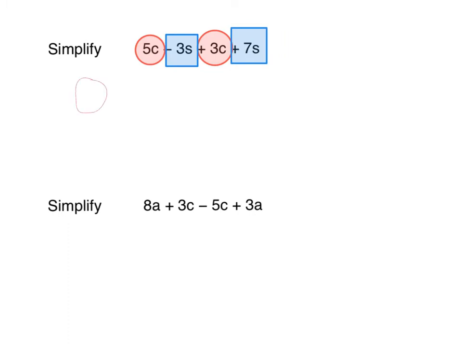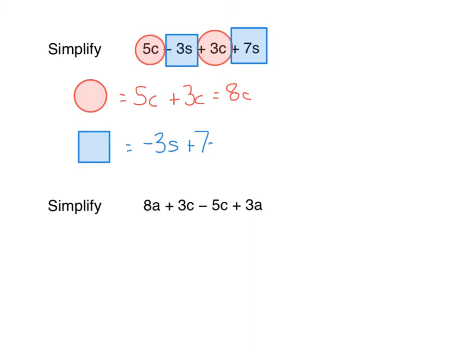So I've got circles and squares. My circles was 5c, add 3c, which is 8c. My squares was negative 3s, add 7s.